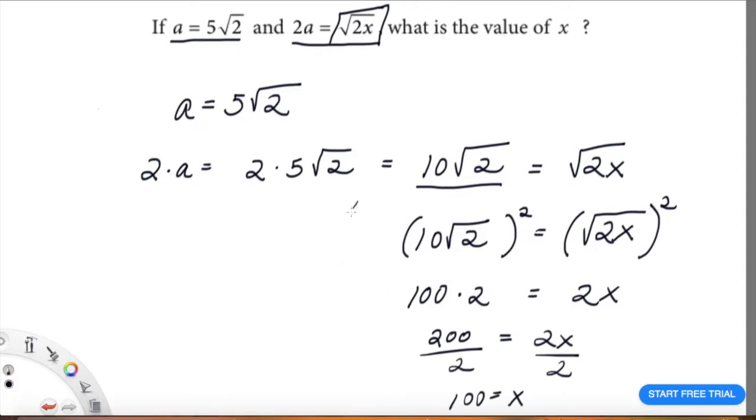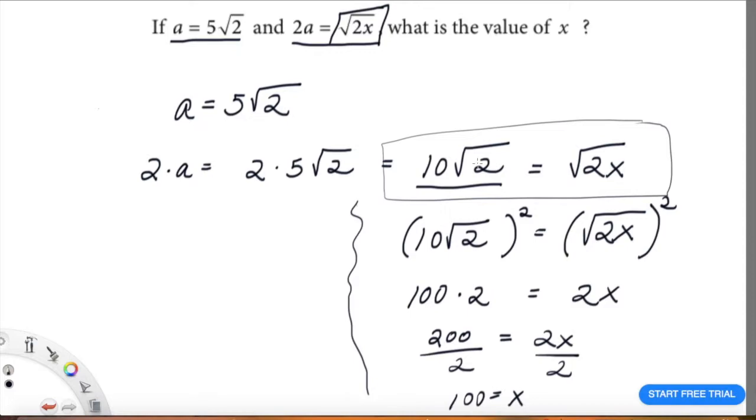Conversely, I'll draw a little squiggly line here and show you the second way, which departs from this same situation. You could say 10 square root 2 equals the square root of 2x.